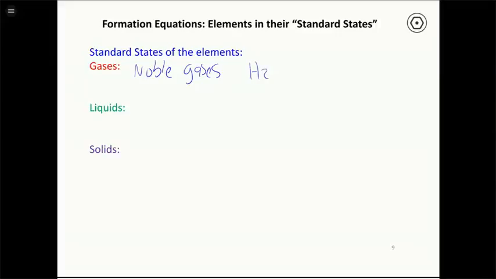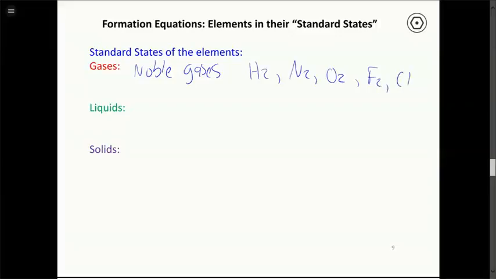The natural form of hydrogen is 2 hydrogen atoms bonded together, not just single hydrogen atoms, H2. N2 is a gas. It makes up most of our atmosphere. O2 we know is a gas because it's what we breathe. And then F2 and Cl2. So these elements, the noble gases plus these 5, they all exist as gases. The noble gases are just single atoms, so neon, helium, and so on. But then these gases exist as diatomics: H2, N2, O2, F2, and Cl2.